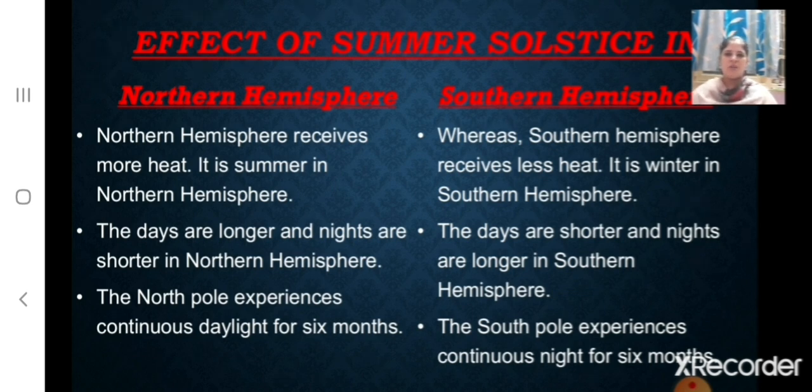The North Pole experiences continuous daylight for 6 months, whereas the South Pole experiences continuous night for 6 months. So children, this is the effect of summer solstice in the northern and southern hemispheres.